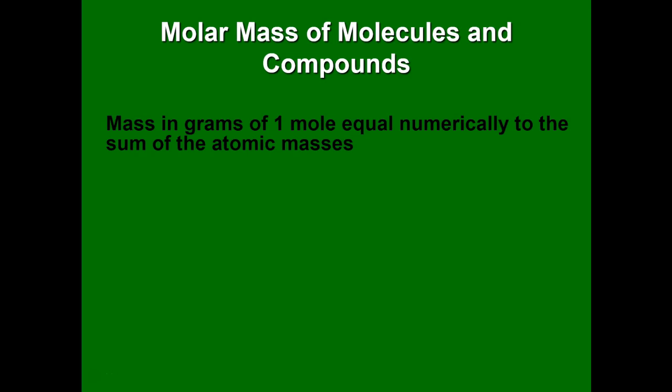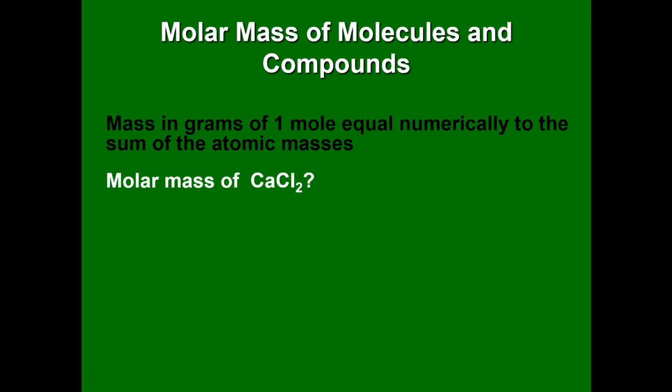If we want to find the molar mass of a compound, whether it's a molecular compound or an ionic compound, we're just going to do the same thing as in the previous video, when I was talking about finding the mass of a molecule of water or a molecule of Cl2 gas. We're simply going to add up the atomic masses of all of the atoms in the formula, and then express that as grams instead of atomic mass units because we're talking about a mole.